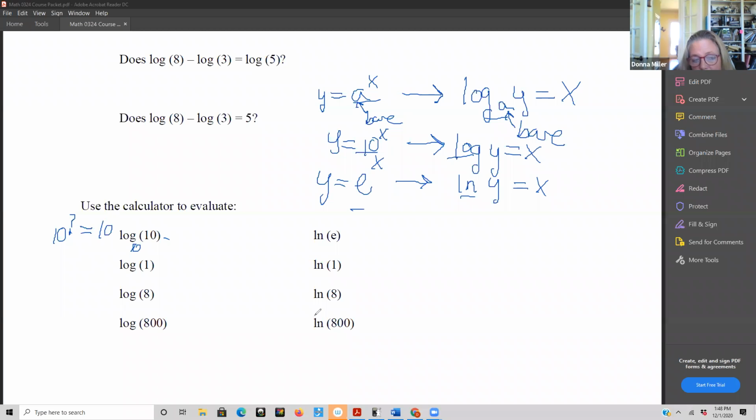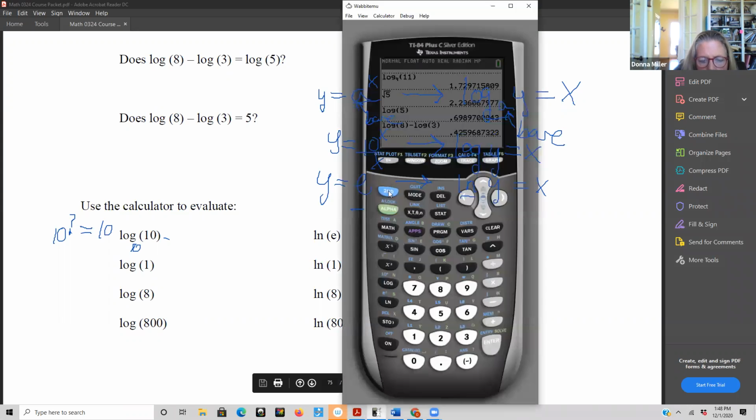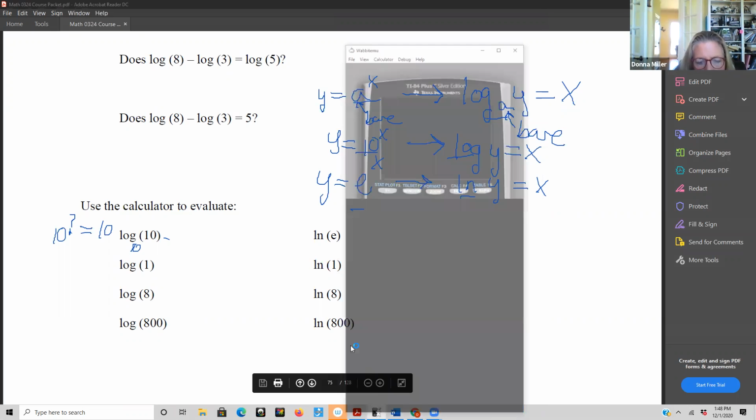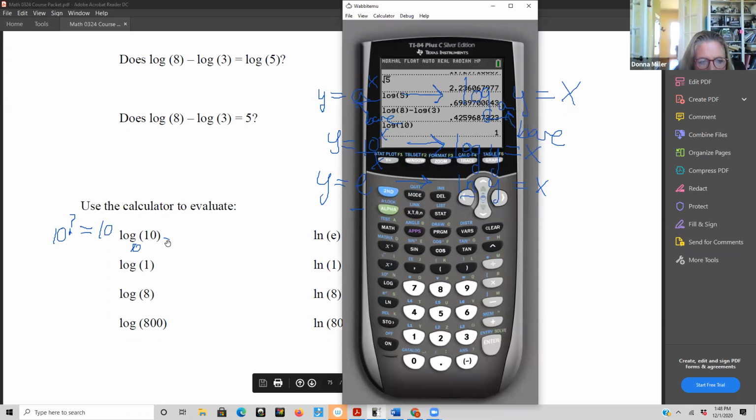So that would be 10 to the first. Just to show you on the calculator, if I take log of 10, I should get 1 because it's 10 to the first power, all right? So log is base 10. I'm going to plug these numbers in the calculator, and we'll talk about some of the things we see.